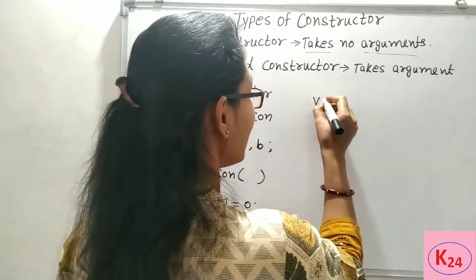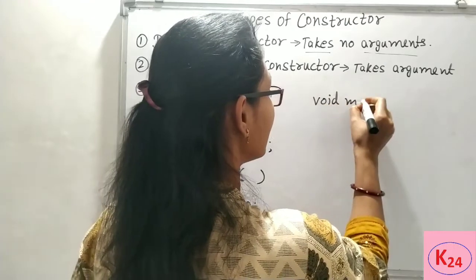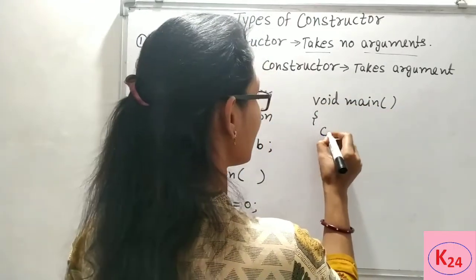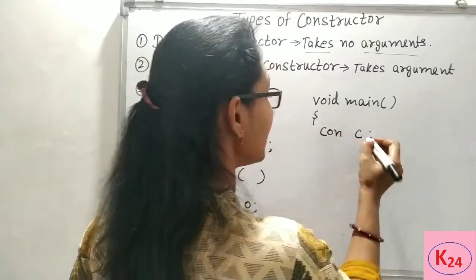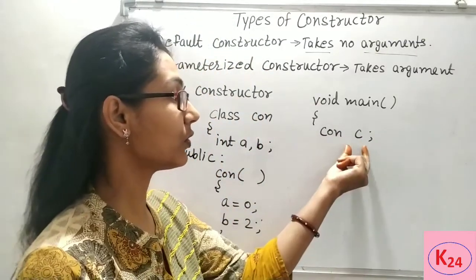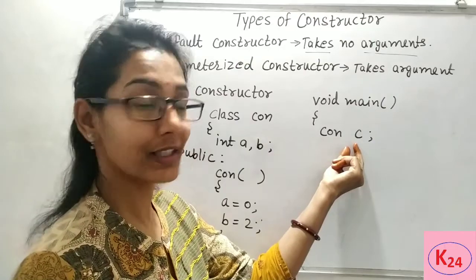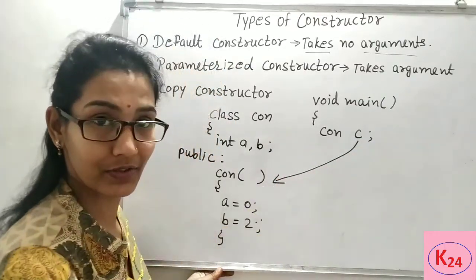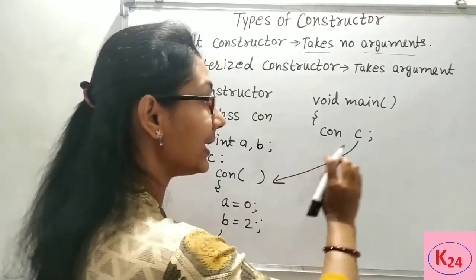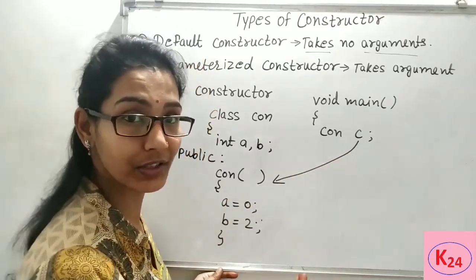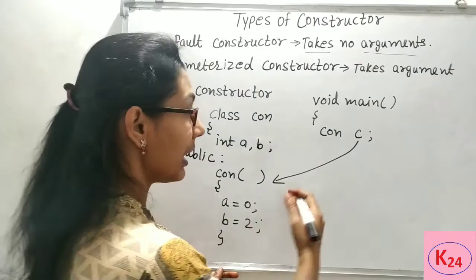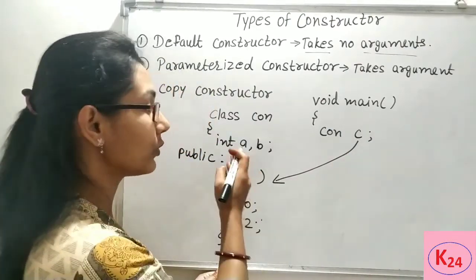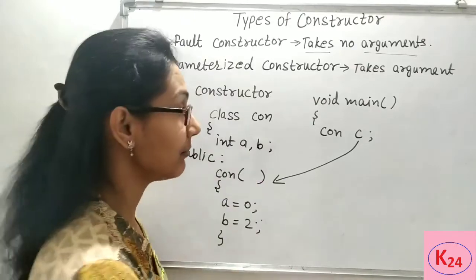Now in the main function, when we create the object of the class, con C, now C is the object. So when the object is created, the compiler will automatically call the default constructor, without any writing like calling a function, and assign the values a equal to 0 and b equal to 2 to the variables a and b.